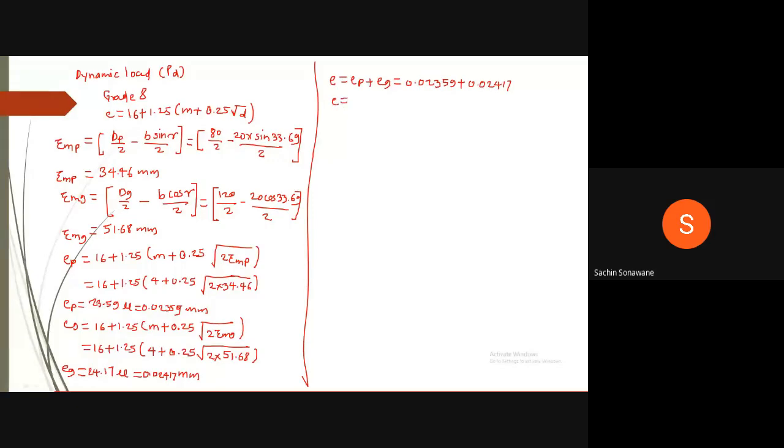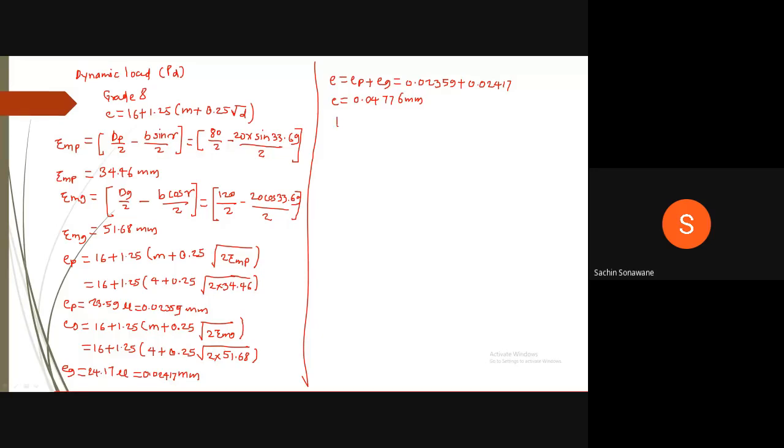Therefore, total error E is equal to how much? 0.04776 mm.